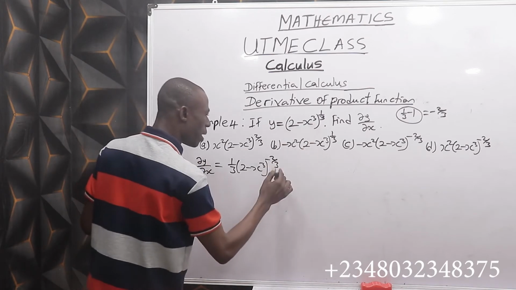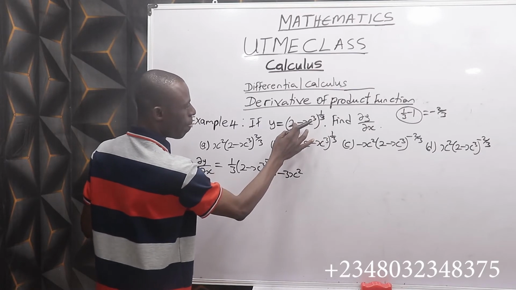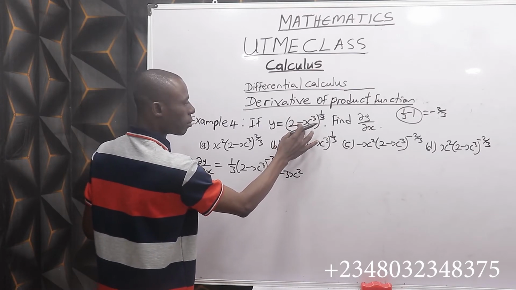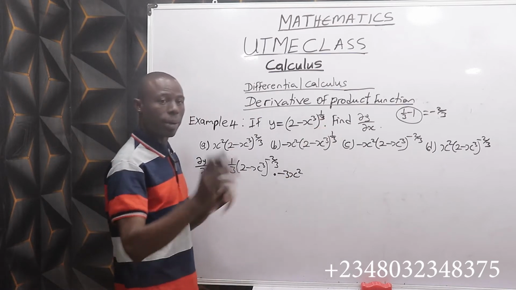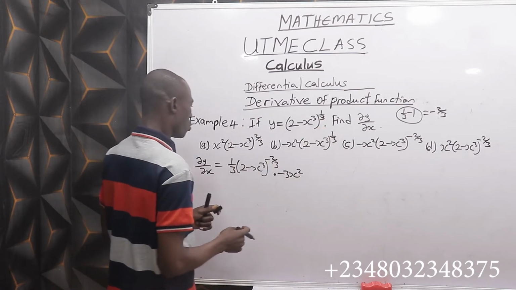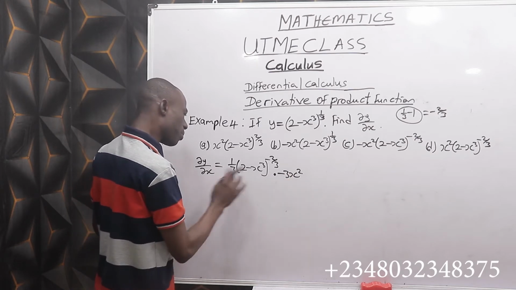Differentiation of the inside there is negative 3x squared, that is 3 times minus 1, that is here, then x raised to power 3 minus 1, that is x raised to power 2. This is it. We now have this times this.